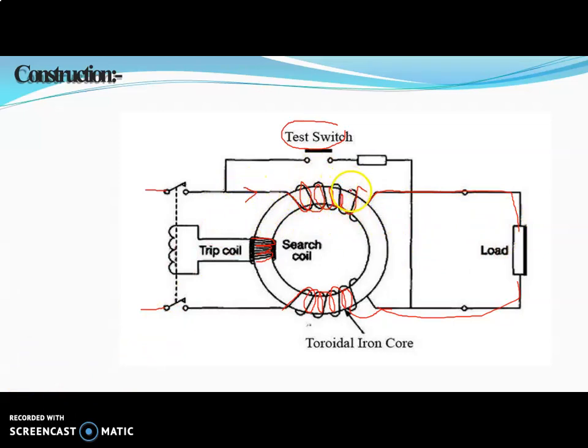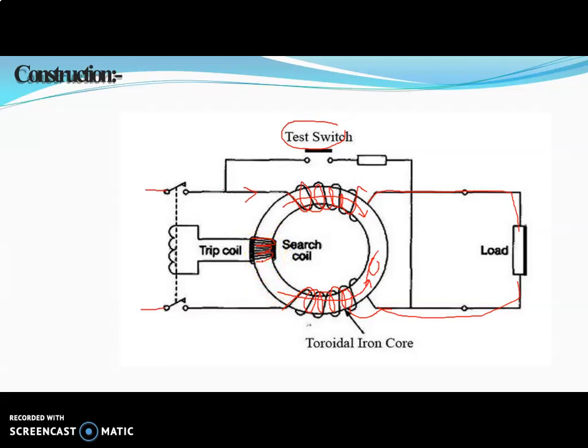As the number of turns of the primary coil and the secondary coil is the same, it will produce the magnetic flux in one direction, and the same current flowing through the load is flowing through the secondary coil, which produces the magnetic flux phi in another direction. These two magnetic fluxes are the same and in opposite directions, therefore they cancel each other out. Therefore there is no net flux or magnetic field which will induce an EMF in the search coil.